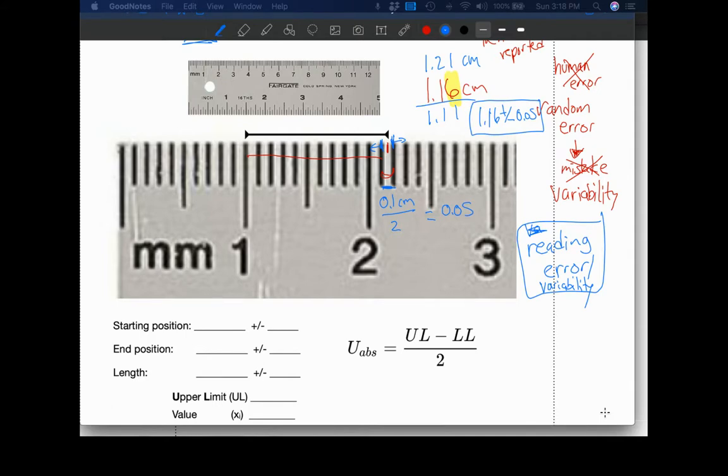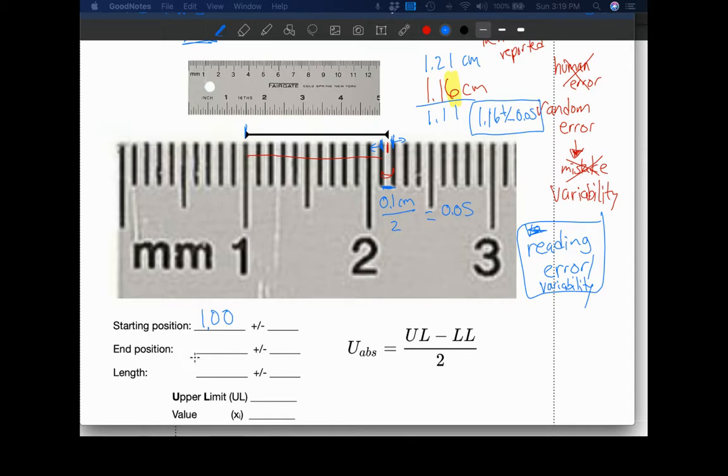The starting position of measuring this line was here. And it's lined up on the ruler, and we might say that is 1.00. Now, if we're lining up that ruler to that line that's in place, let's say it's an object, we adjusted it, and our eye told us that we judged it to be at 1.00.